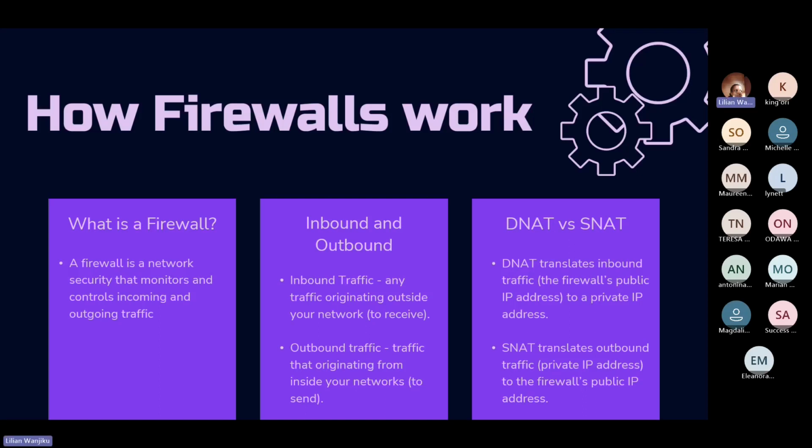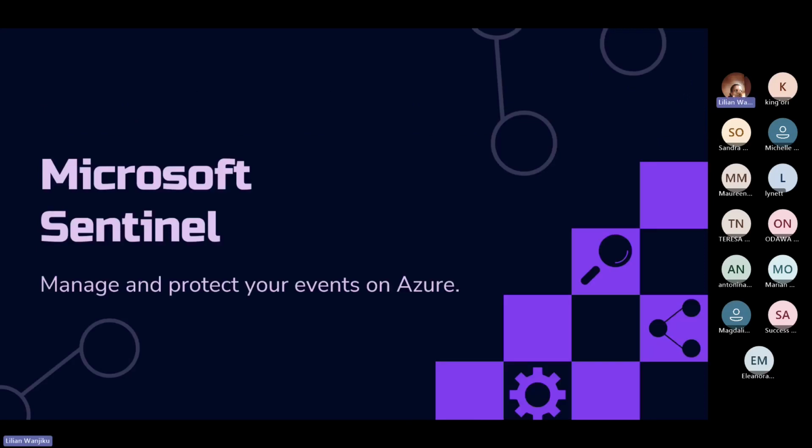Okay, we can proceed with another Microsoft technology, which is called Microsoft Sentinel. So Sentinel mainly governs the things that you do on your network, anything that you do on your services. So it checks the events on Azure.